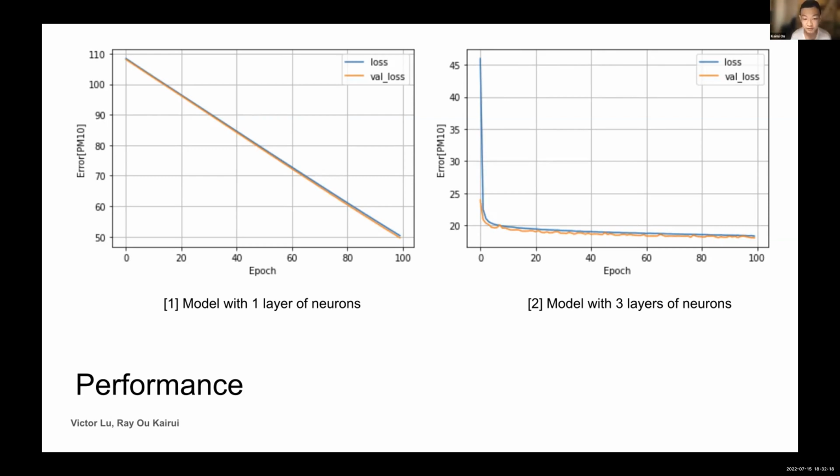The model with 1 layer of neurons has about 50 errors after testing. However, the model with 3 layers of neurons only has about 15 errors after 100 epochs, which clearly shows that the model with 3 layers of neurons is more accurate.